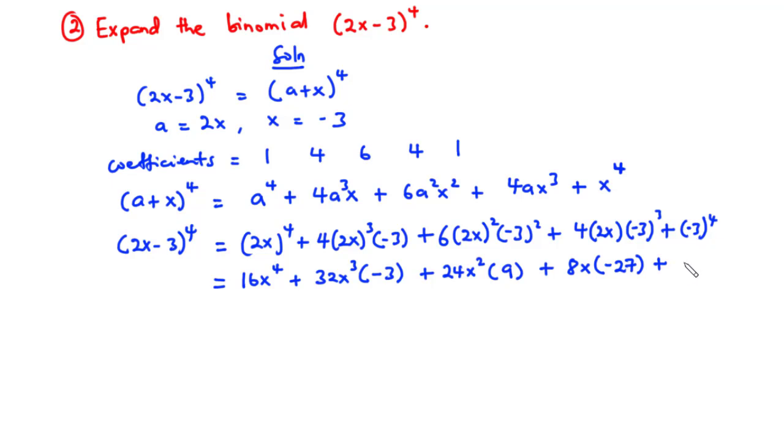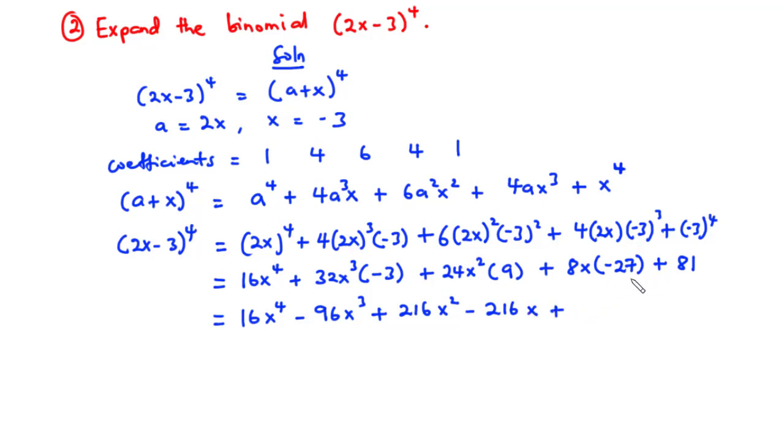Negative 3 exponent 4 is 81. So this becomes 16x exponent 4. 32 times negative 3 is negative 96. 24 times 9 is 216. 8 times negative 27 is negative 216.